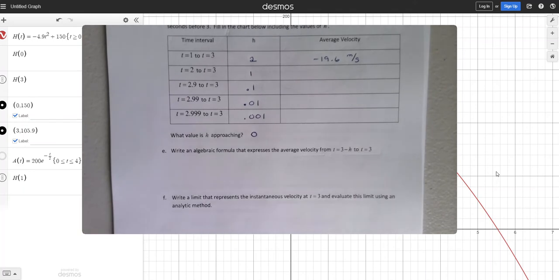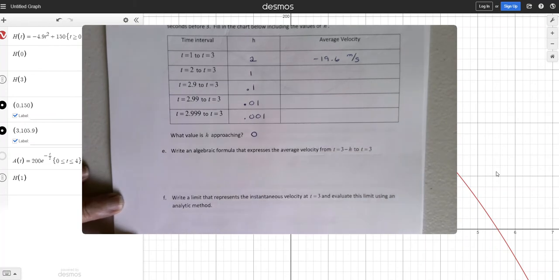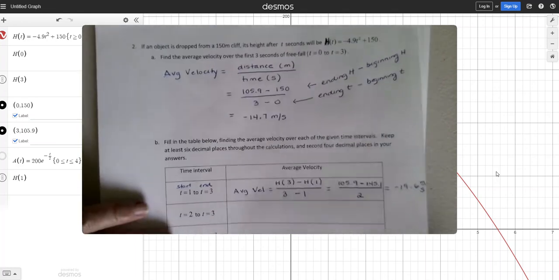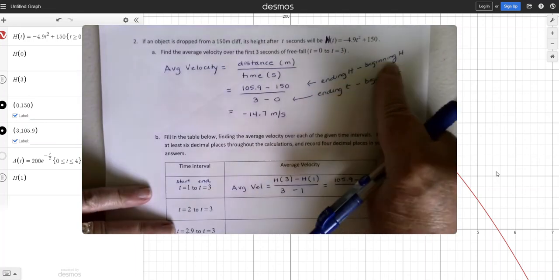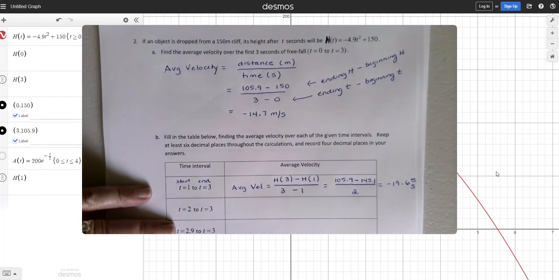All right, in part E, we are supposed to write an algebraic formula that expresses the average velocity from t equals 3 minus h to t equals 3. And I think we can do that using the same idea of ending height minus beginning height over ending time minus beginning time.